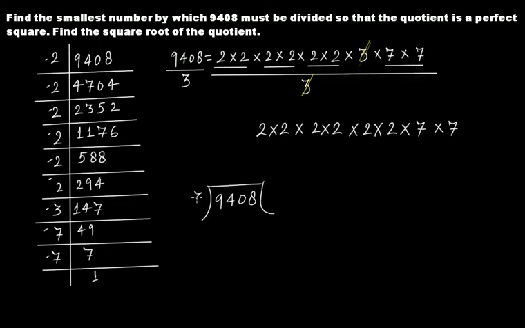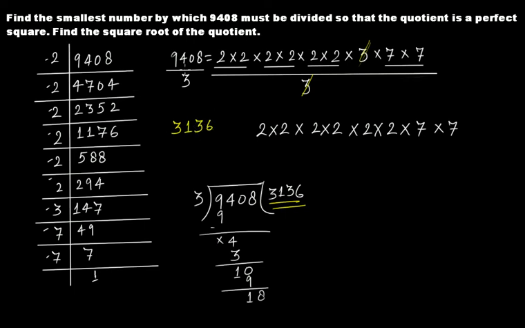So what do you get? 3 times 3 is 9. Then you get 4. 3 times 1 is 3. You get 1 and 0. 3 times 3 you get 9, 1, 18. So this is the quotient.